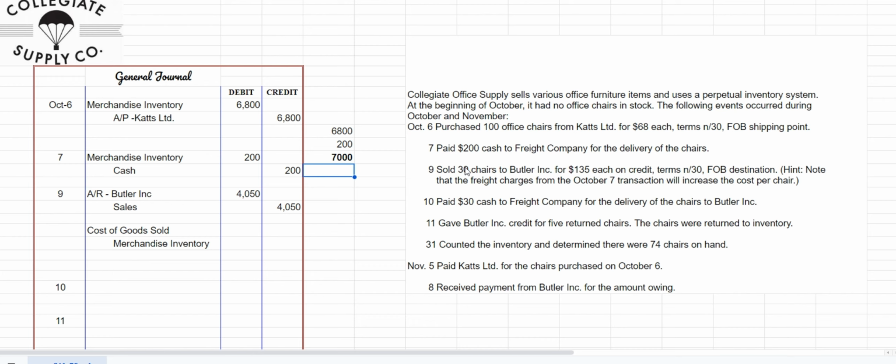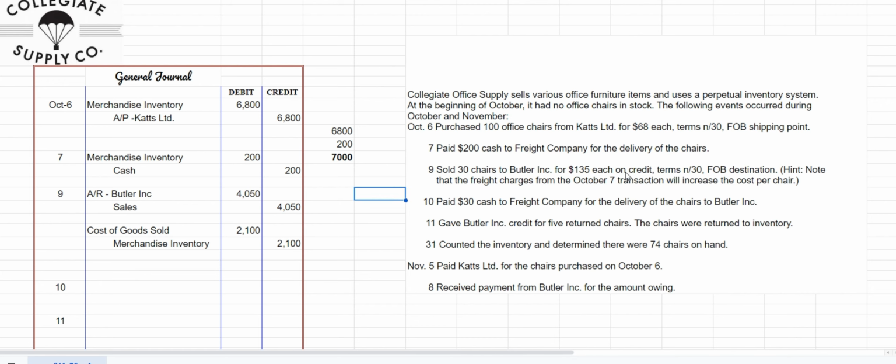So $70 for one chair. And since you have 30 chairs, it's 70 times 30, which is 2,100. So that's the amount of merchandise inventory that we're going to lose.